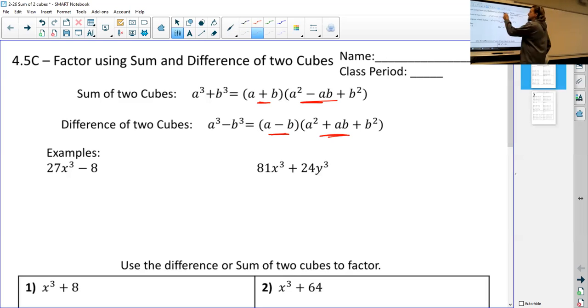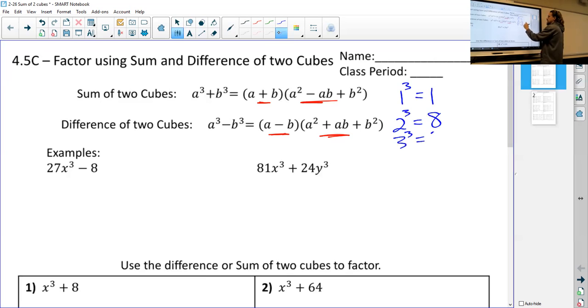Okay. The other thing that would probably be beneficial for you to do would be to write down your list of perfect cubes. Like 1 to the third power is 1. That's not useful, but it starts off the list. 2 to the third power is 8. 3 to the third power is 27. 4 to the third power is 64. 5 to the third power is 125, and 6 to the third power is 216.